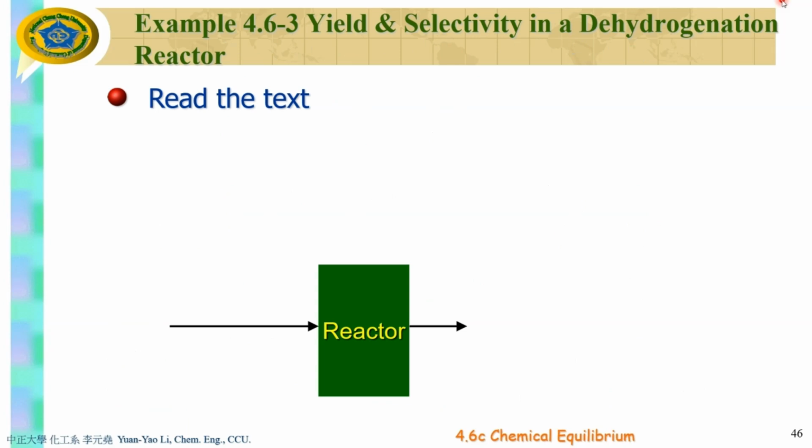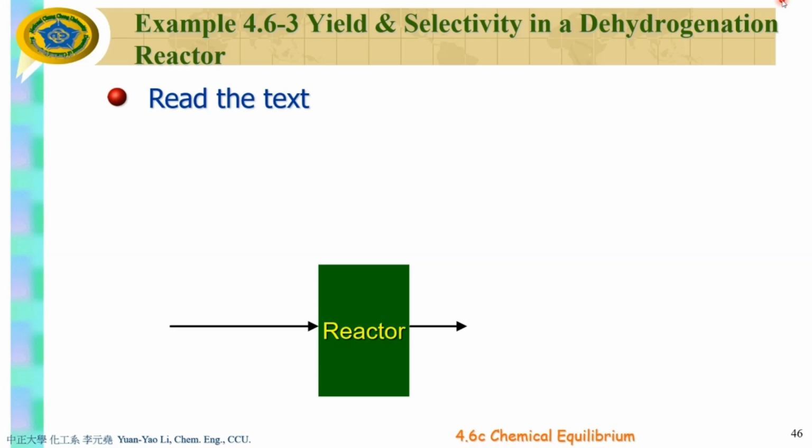So let's take a look at example 4.6-3. This is easy. So please read the text with me, and then after we read the text, let's draw the flow chart. So on page 117, there are two reactions, right? As you can see here, C2H6 becomes C2H4 plus hydrogen, and then C2H6 plus hydrogen becomes 2CH4.